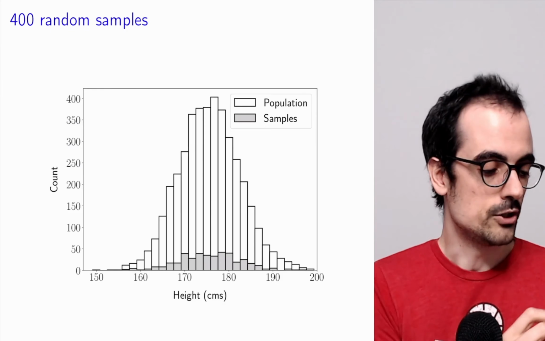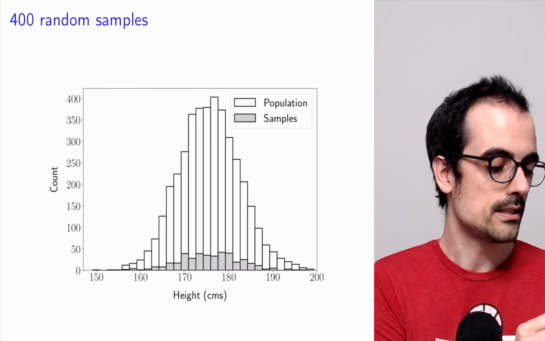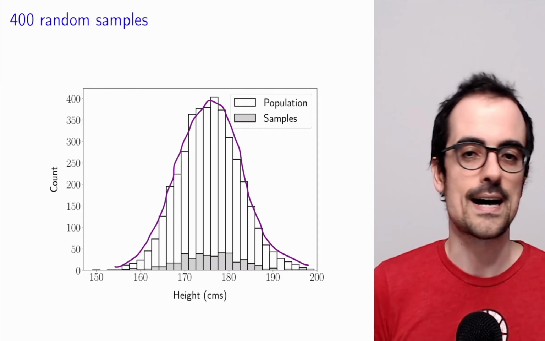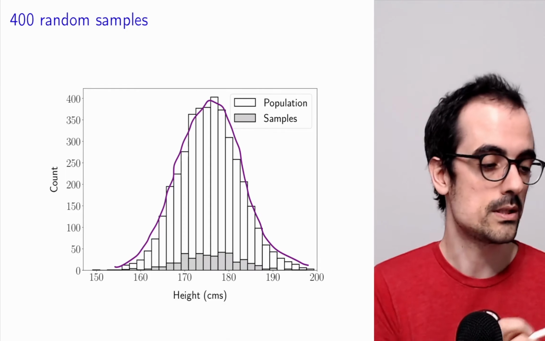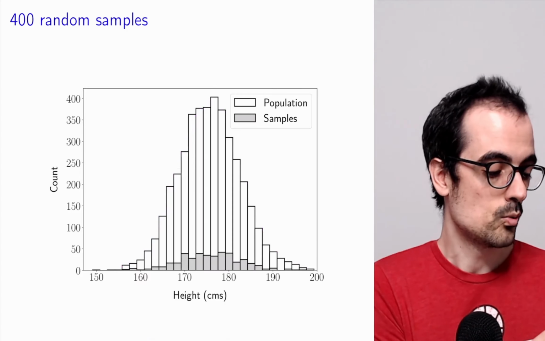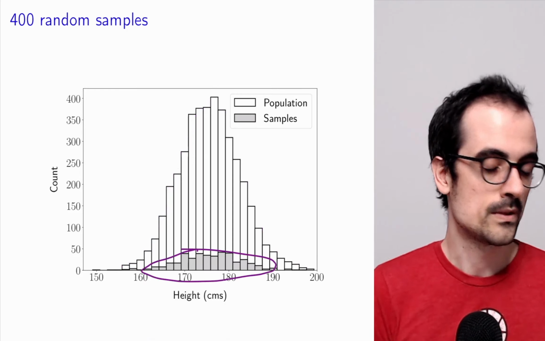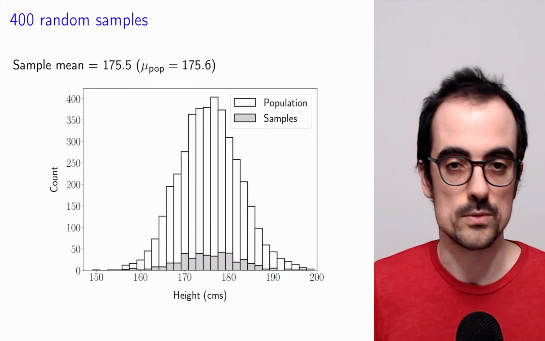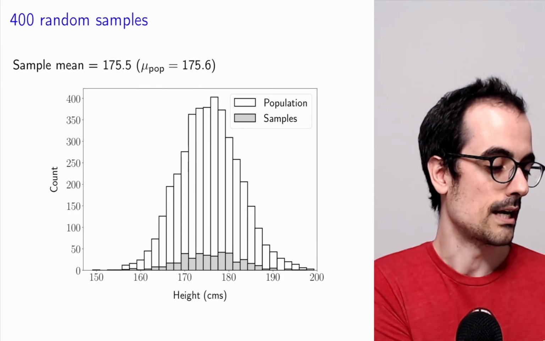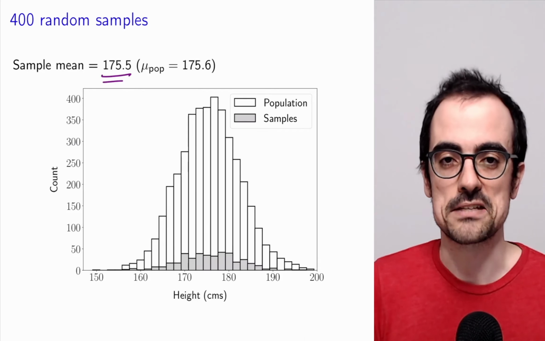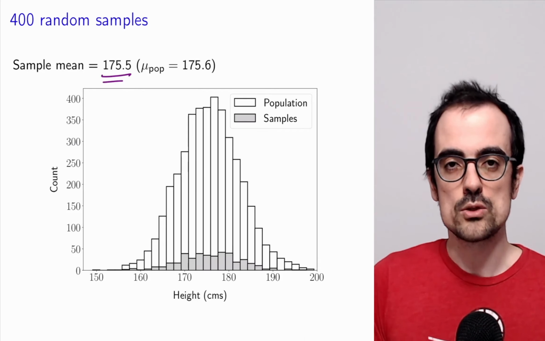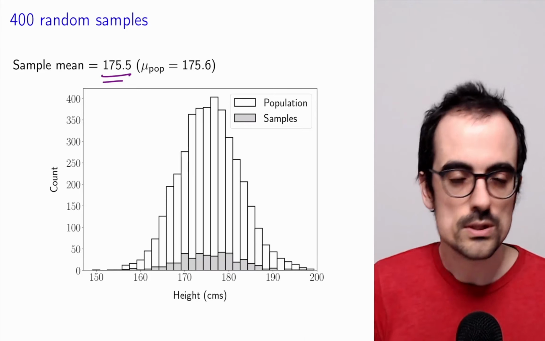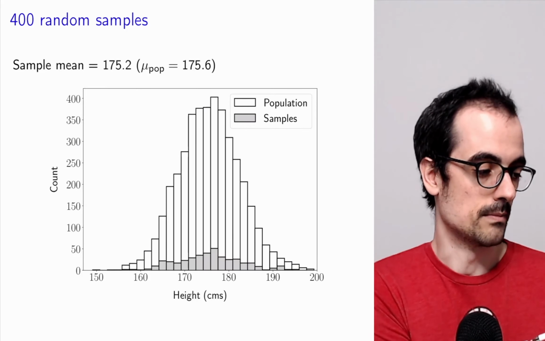This is a visualization of this data set. This is the whole population, the histogram of heights in the whole population, which we do not get to see. Instead, we pick 400 people out of the population, and we estimate the population mean from those 400 people by averaging their heights. Here we see that the estimate is actually pretty good. What is important to understand is that if we repeat the measurement process, we're going to get a different estimate.